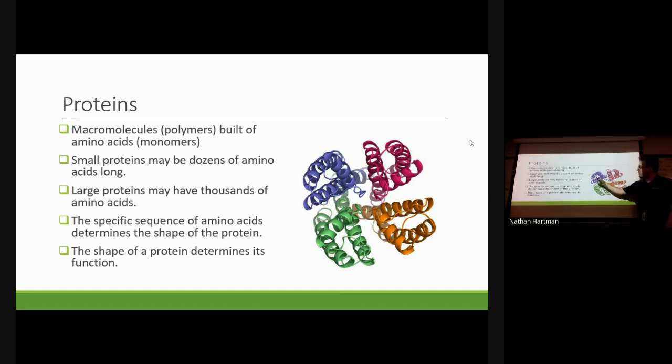If this pocket was a different shape and it was not able to hold on to heme, then your red blood cells would not be able to carry oxygen. And you would be very, very, very dead, okay? We try to avoid being dead here in biology class if we can. All right, so form follows function. The shape of the protein determines what kind of abilities that protein is going to have.